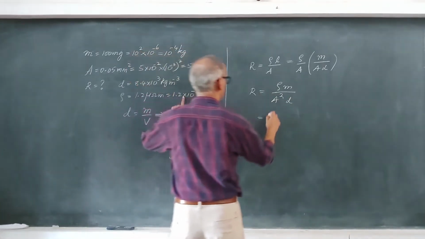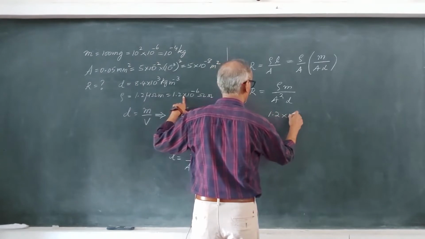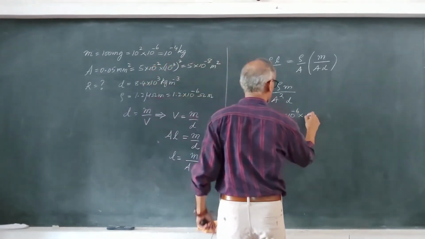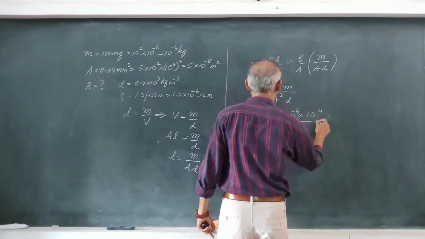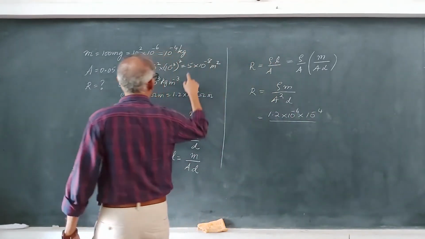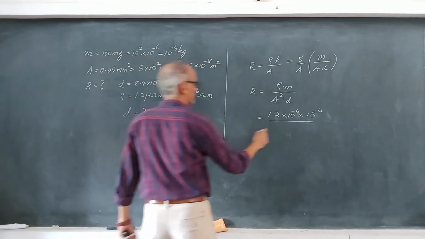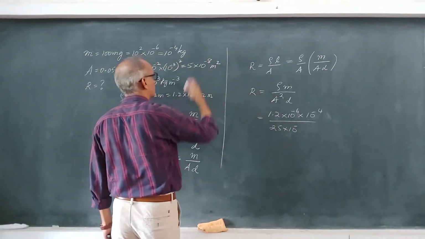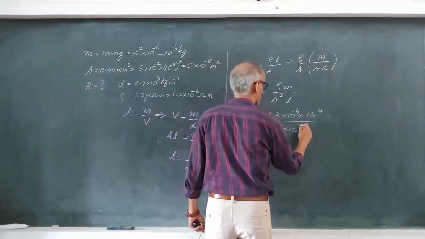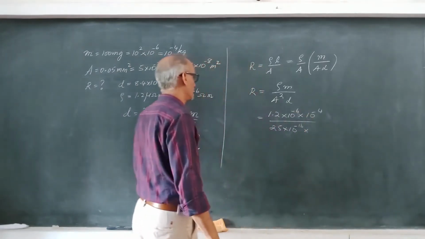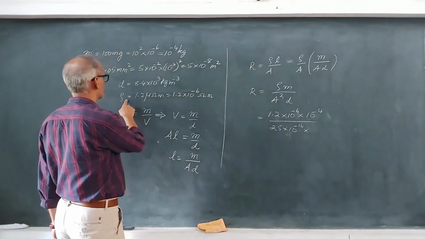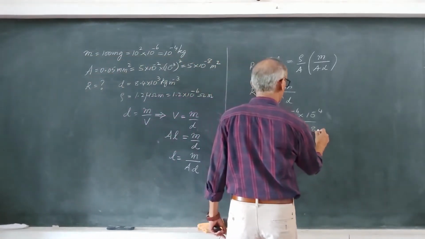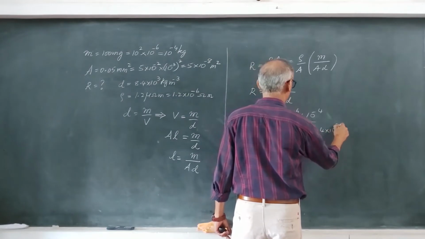Resistivity is 1.2 micro, 10 to the power minus 6, into the mass given, which is 10 to the power minus 4, by the square of the area, 5 square is 25 into 10 to the power minus 8 square, minus 16 it becomes, into the density D, which is 8.4 into 10 to the power 3.